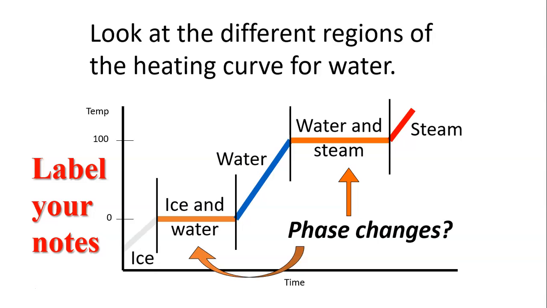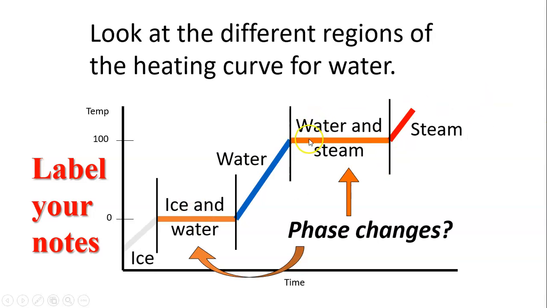But let me ask you, what happens if you're down here and you're moving from right to left? As you move from right to left, liquid water is trying to turn into ice, so it is freezing. So the freezing point and the melting point are the same thing. They're at the same temperature.